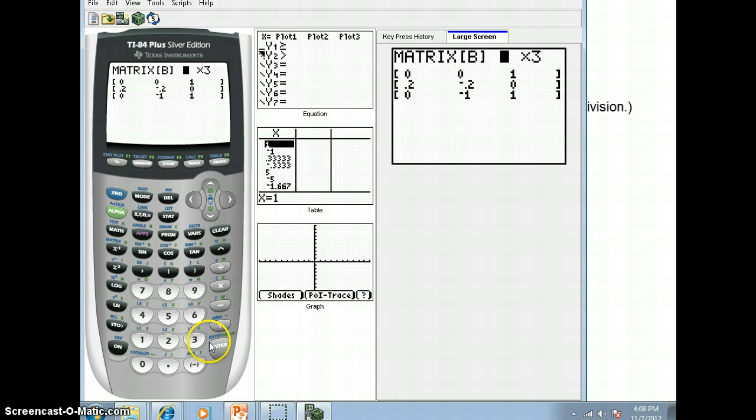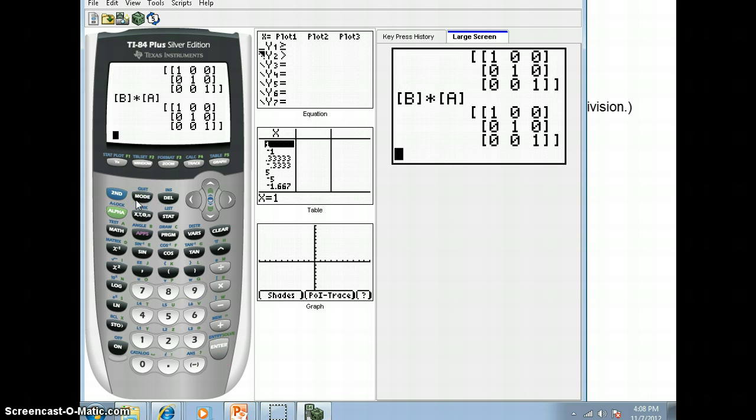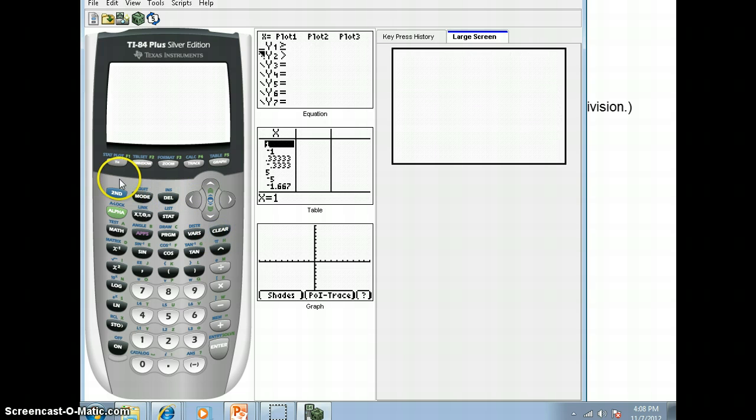Matrix B in this case is going to be a 3 by 1. So a little bit different matrix this time. And those numbers would be 6, negative 11, and 8. Okay, so now that I have those entered, let me clear that out.